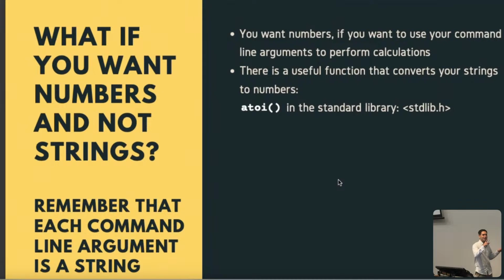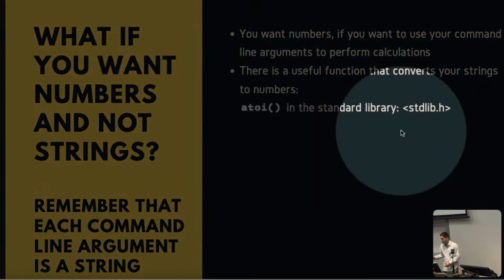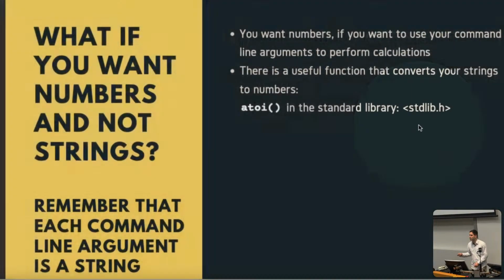That was an inopportune yawn right there. Any guesses? Is anyone getting it online? Is it ASCII to integer? ASCII to integer, that's right. Now remember, this is important. It's only available if I import the standard library header file.